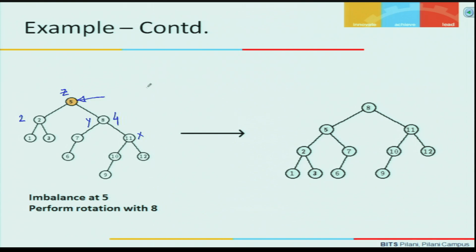So, this is A, this is going to be B and this is going to be C. Now, this is precisely again a case of a single rotation in the trinode restructuring. So, we are going to replace the node with label Z by node with label B. So, we are going to do this restructuring.